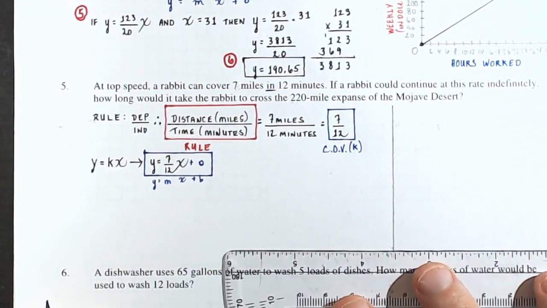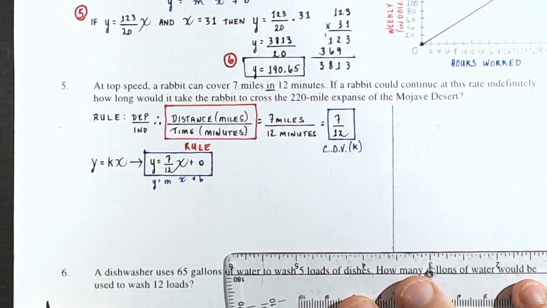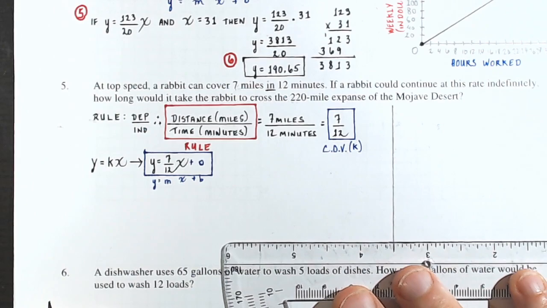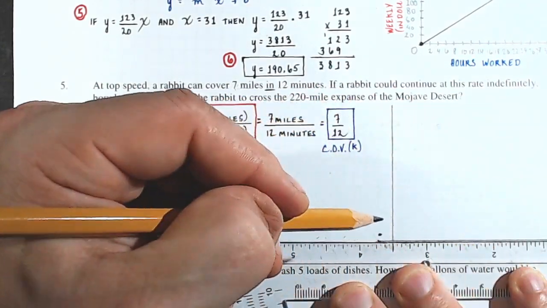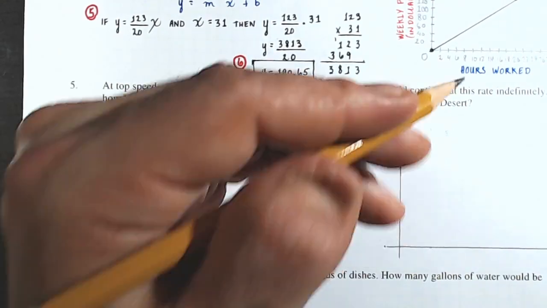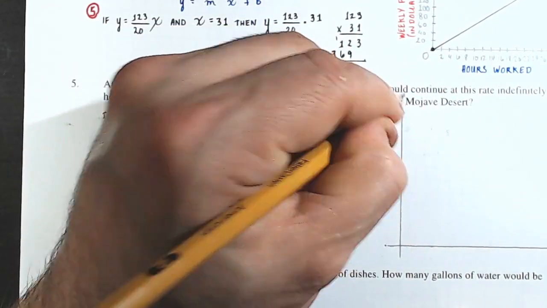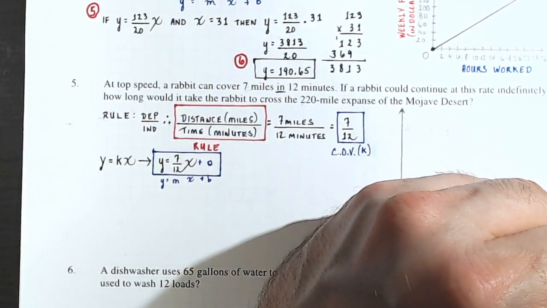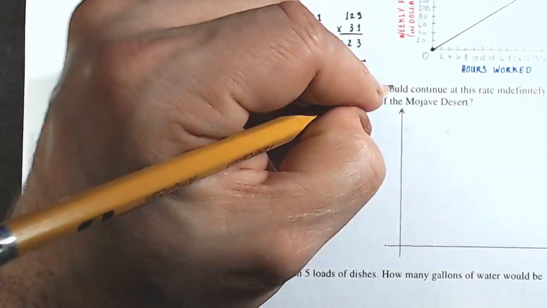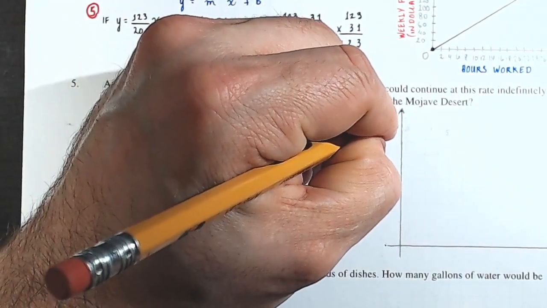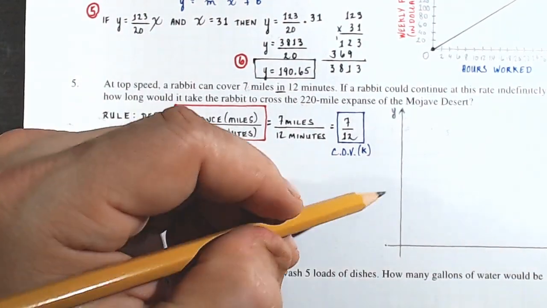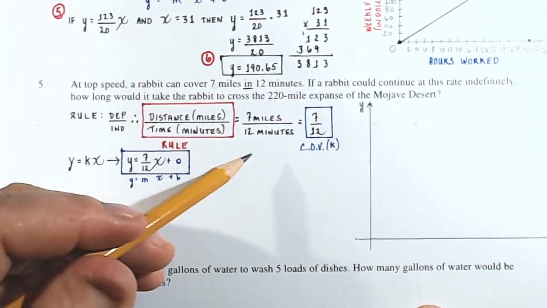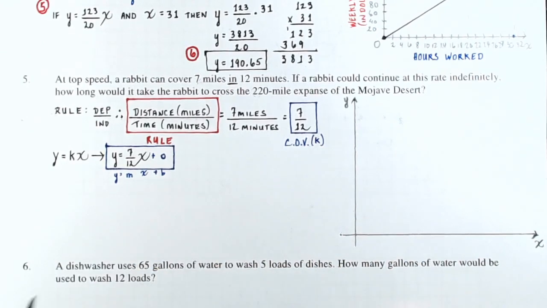And we'll draw a horizontal axis. Okay. So this is the y-axis here. This is the x-axis here. And we know that this is distance in miles, and this is time in minutes.